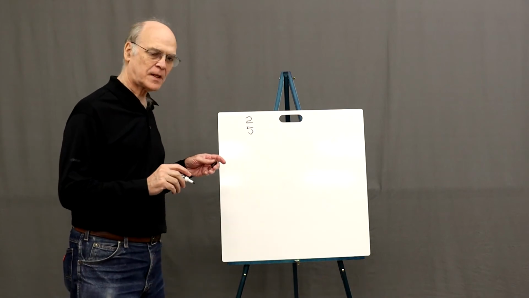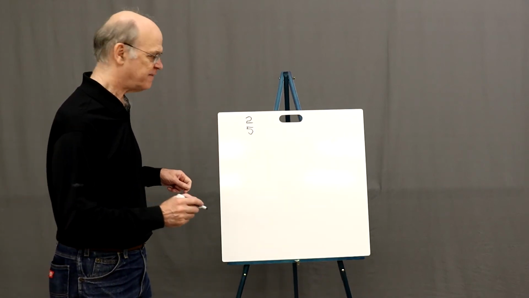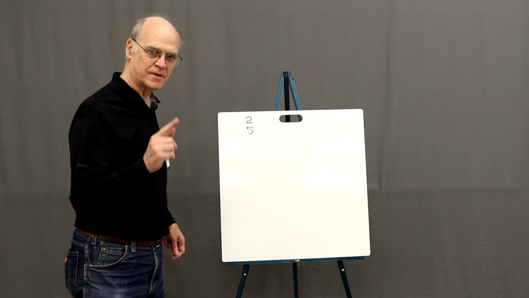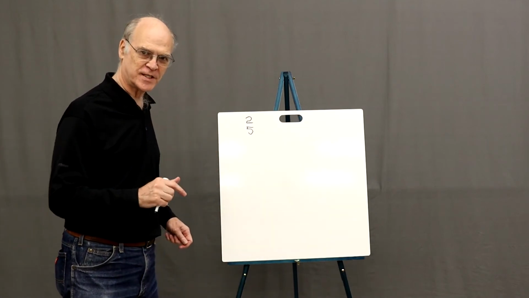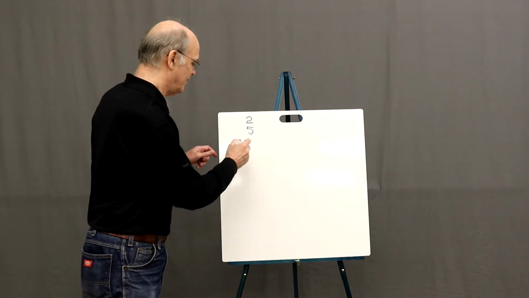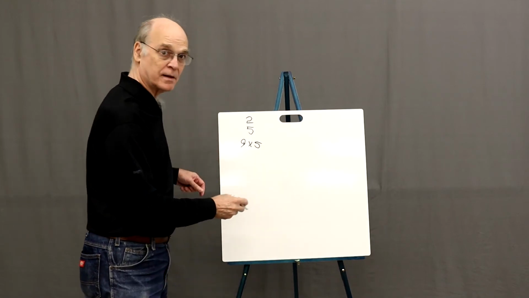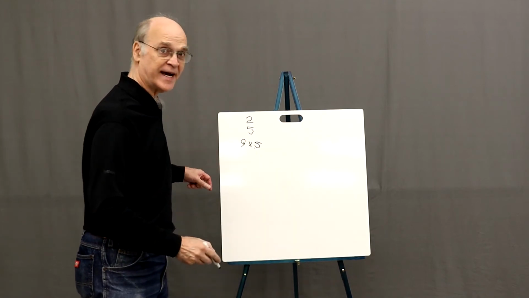So, I'm going to do a quick demonstration of just how fast we can be with our 5's if we use 2's instead. I'd like to know what 5 times 9 is. I'm going to change the 5 to a half.